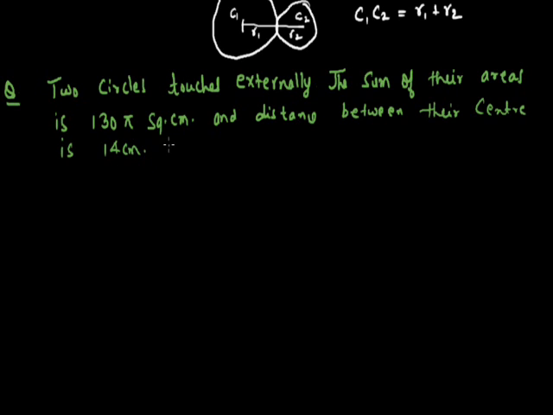Find the radius of the circles. Now the solution. It is given that two circles touch externally.